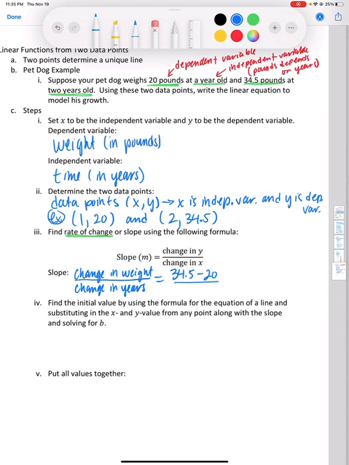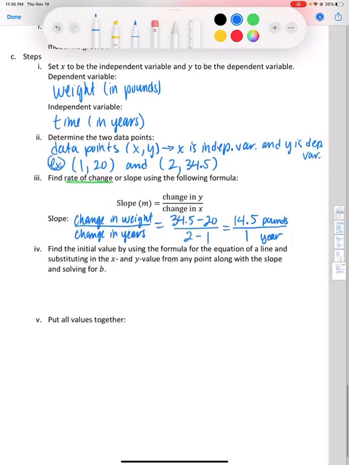What we get is 34.5 minus 20 is 14.5, divided by 1. So 14.5 pounds for 1 year. Okay, so that's how much the rate is changing.